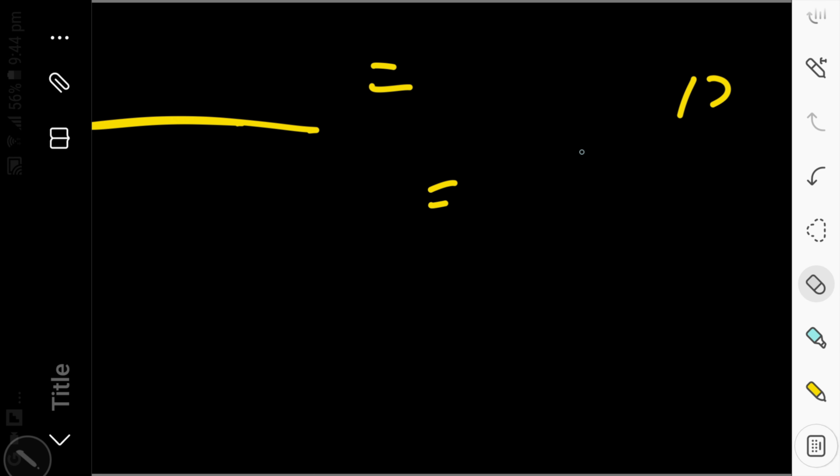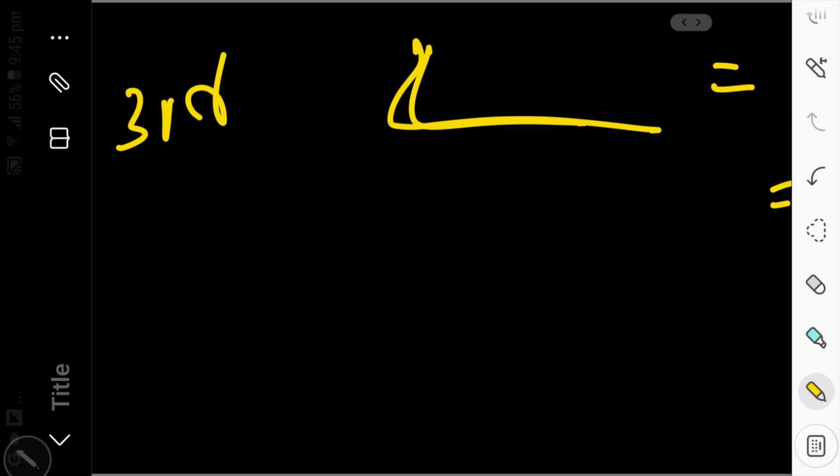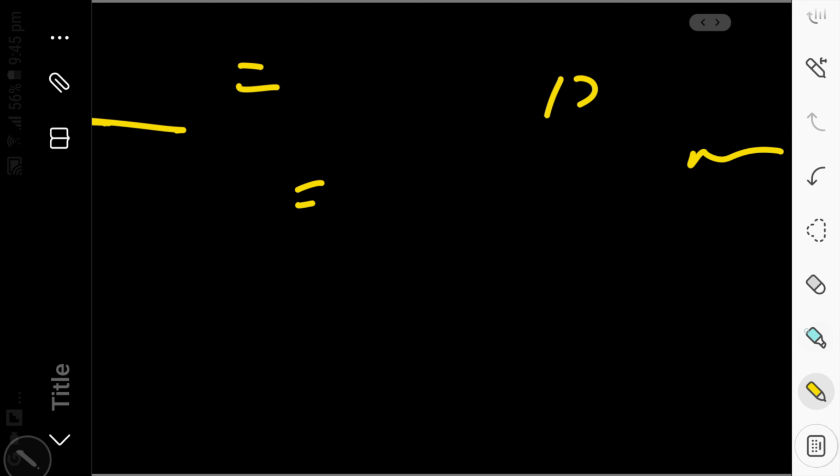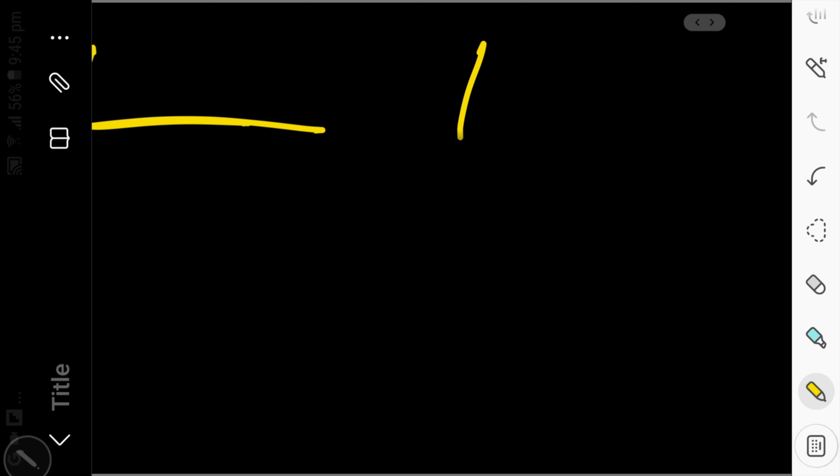As there is no duplication of common multiple, what we do is use the division method to find the prime factorization of both numbers, but separately.